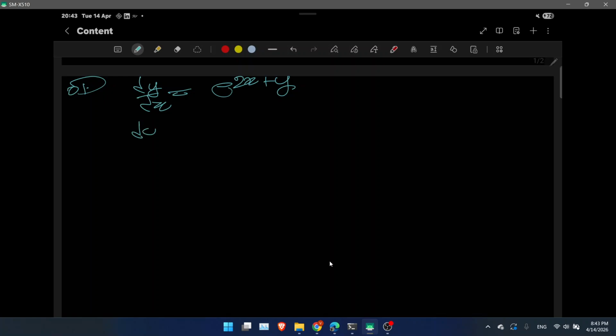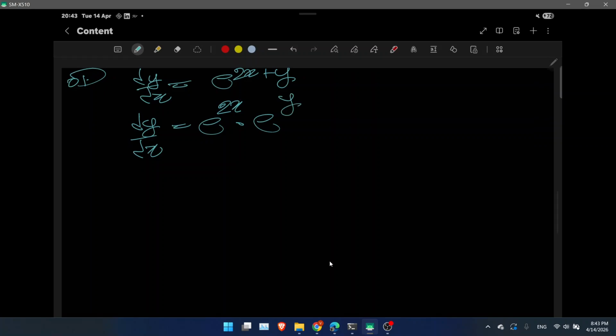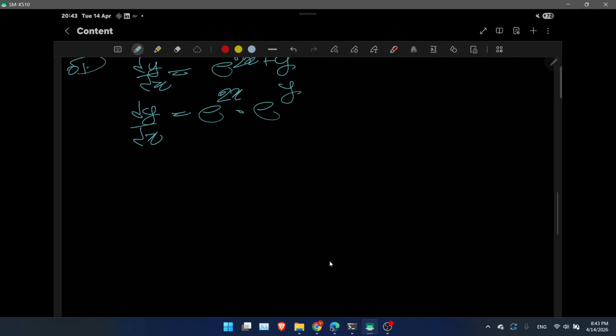Since this is an exponent, we can write this expression as e to the power 2x times e to the power y by using the rules of exponents. Now we can bring dy to the other side, so e to the power minus y dy is equal to e to the power 2x dx.